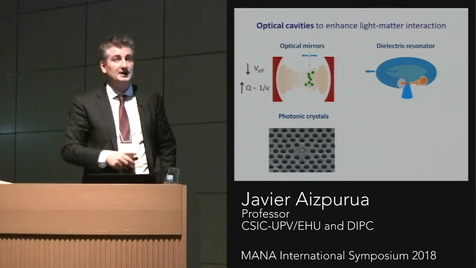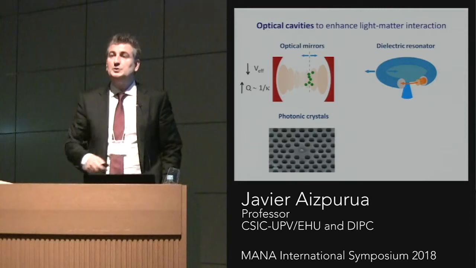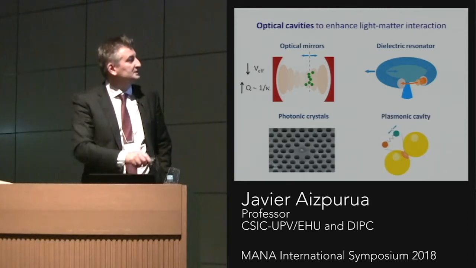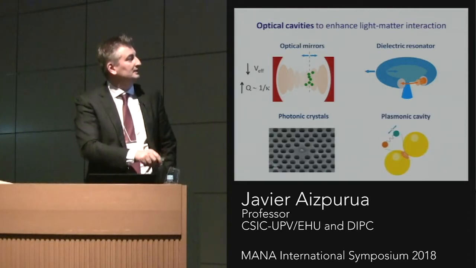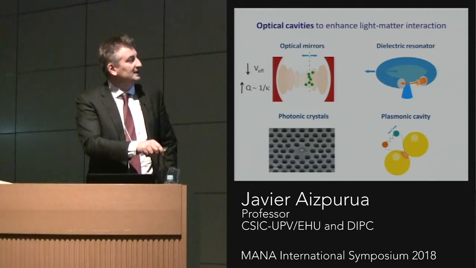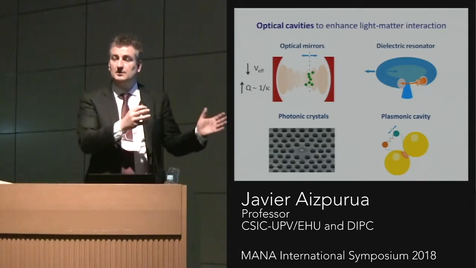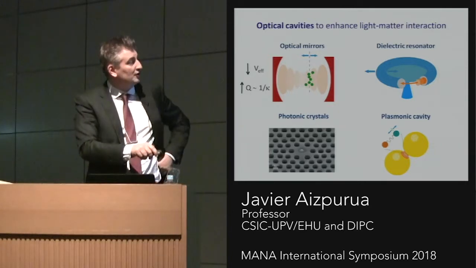In this context, I now introduce the work we do with a very special cavity, which is this metal-insulator-metal structure that traps light. At the nanoscale we can put matter here, a molecule, and thanks to the condensed matter excitations, the electron gas, the so-called plasmon oscillation of the electrons, we trap the light there.